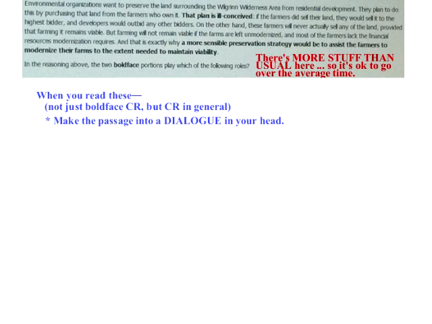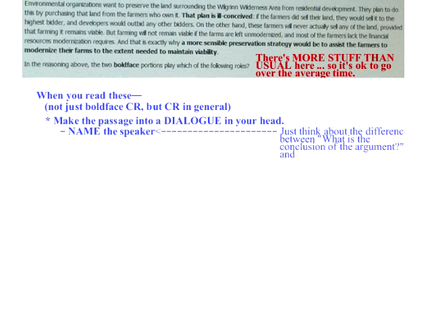So what helps you here is if you actually name the speaker. This seems like something really stupid to do at first, but it's really not. If you want to see the value of this in action, just think about the difference between asking what is the conclusion of the argument and why is Stephanie telling me this?